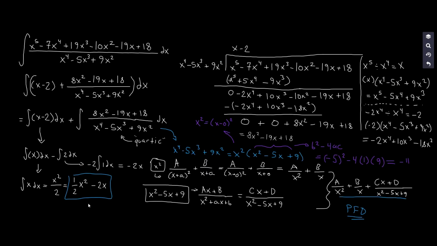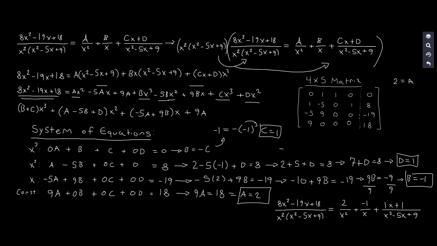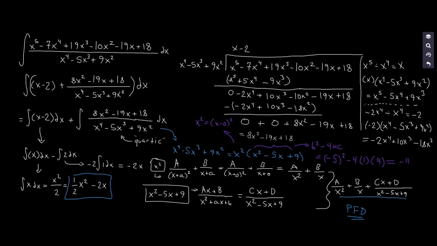So the first integral that we got the answer to was 1/2 x squared minus 2x. So this here in blue. Then we did a partial fraction decomposition with this integral here with the quartic.